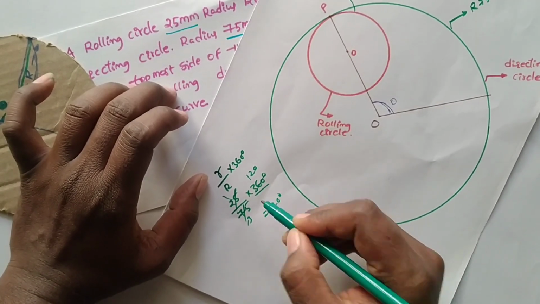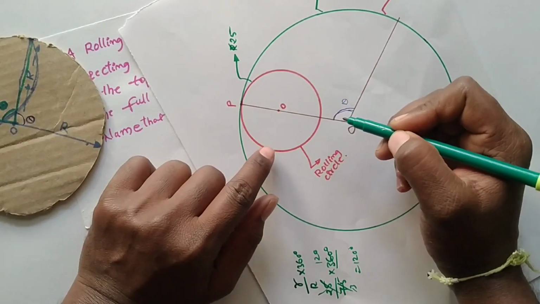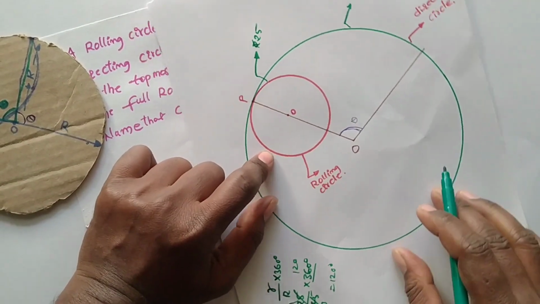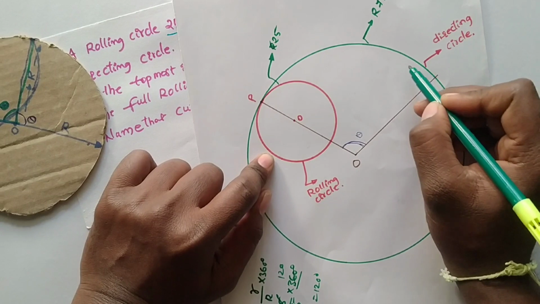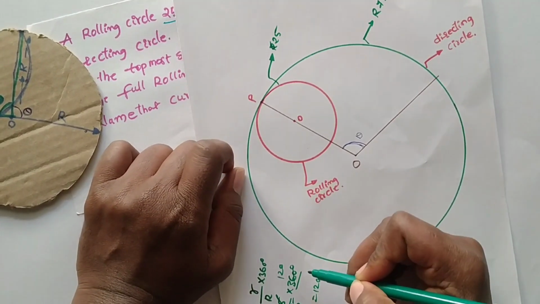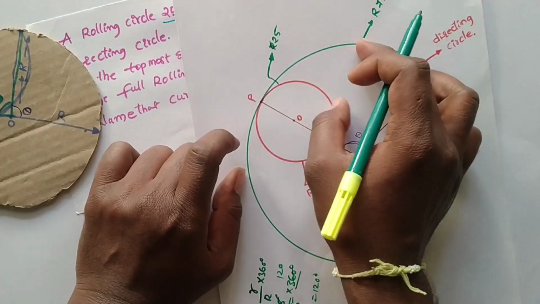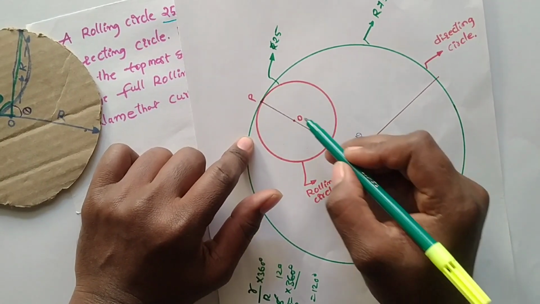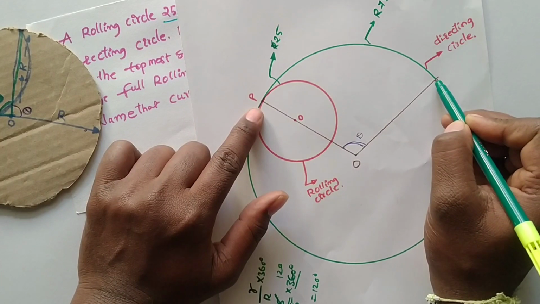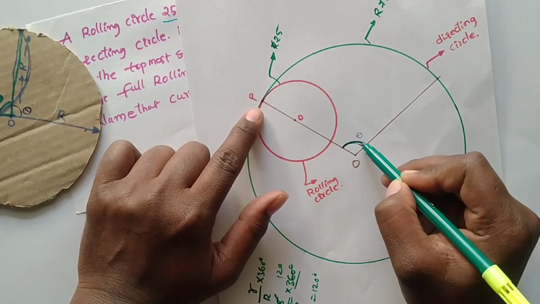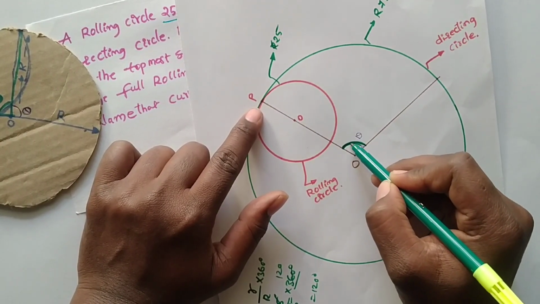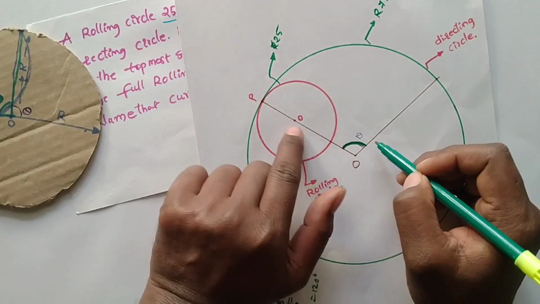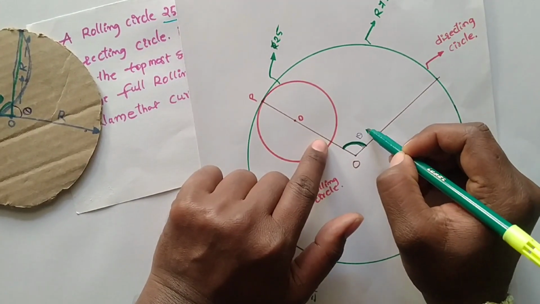We have 120 degrees. When the 25 mm radius circle rolls inside the directing circle of 75 mm radius and completes its full rolling, starting here and ending here, the internal angle between these two lines is 120 degrees.